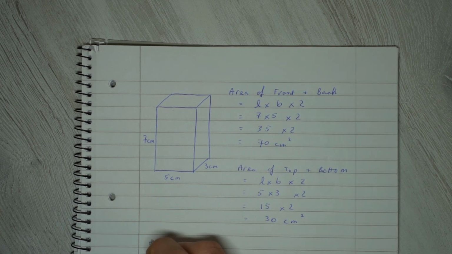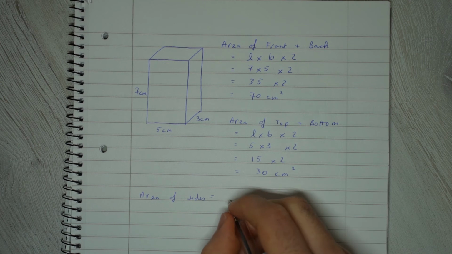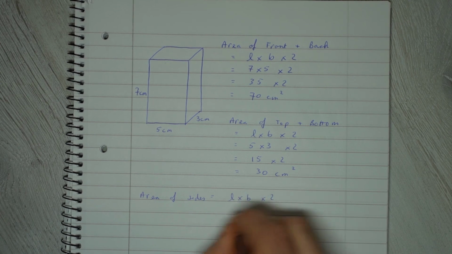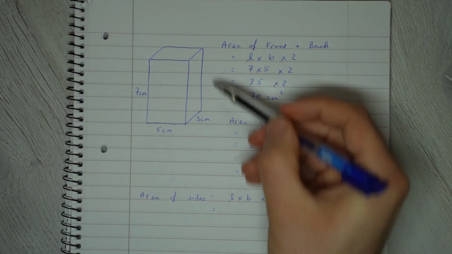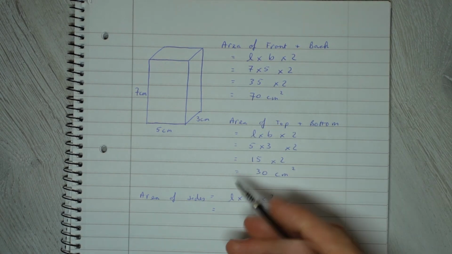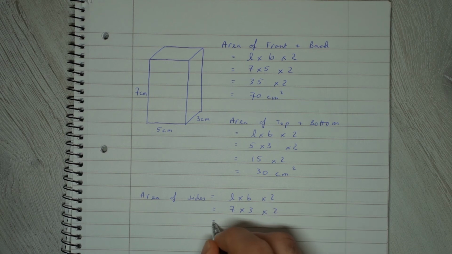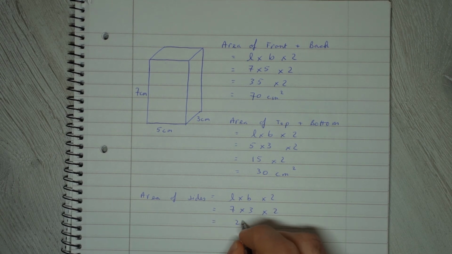Now, area of sides is equal to length times breadth times 2. So the sides are 7 times 3, 7 by 3 times 2. So 7 times 3 is 21, 21 times 2 is equal to 42 centimeters squared.